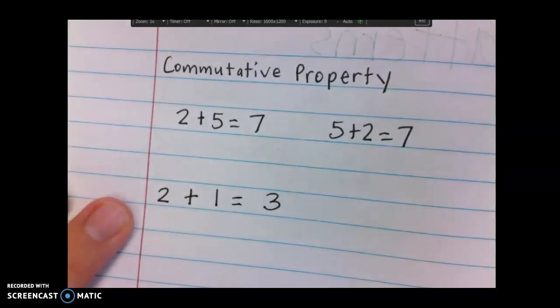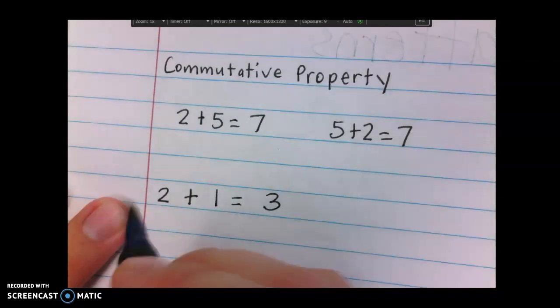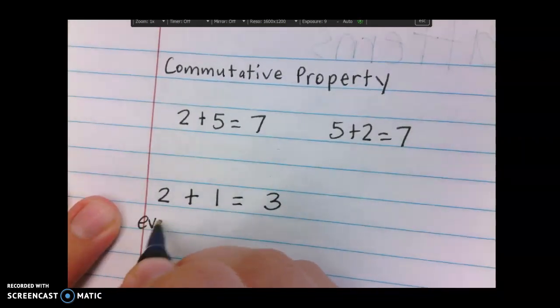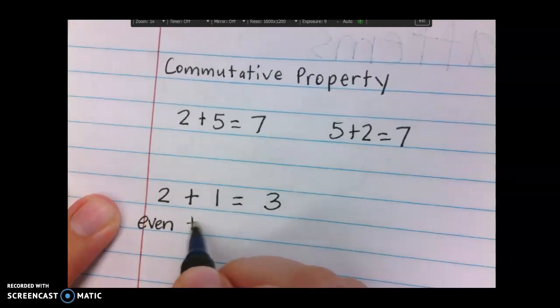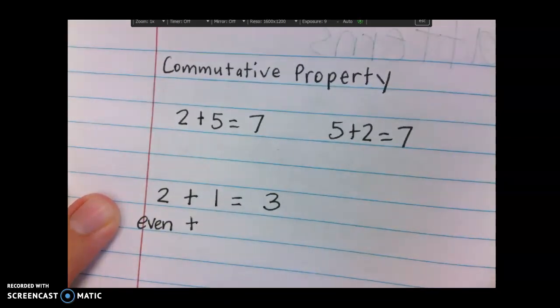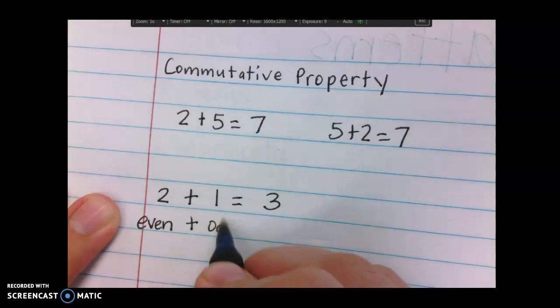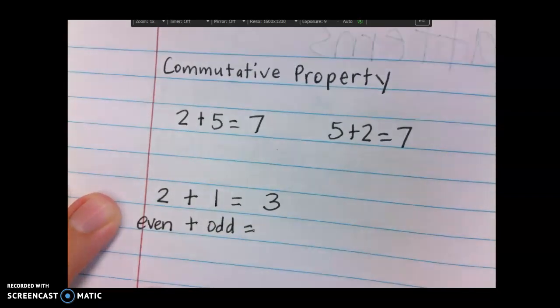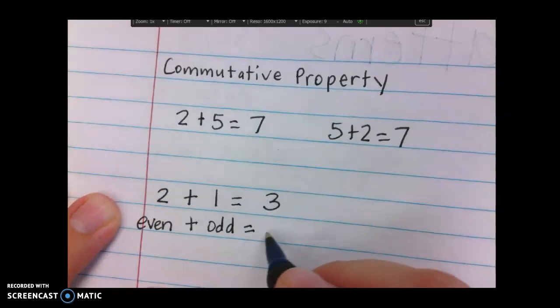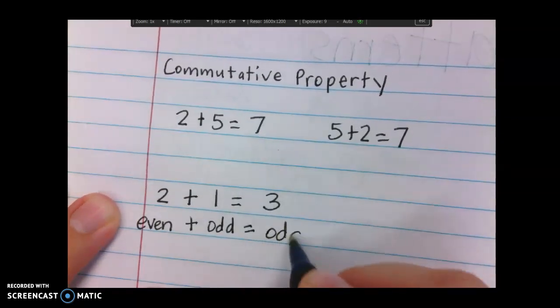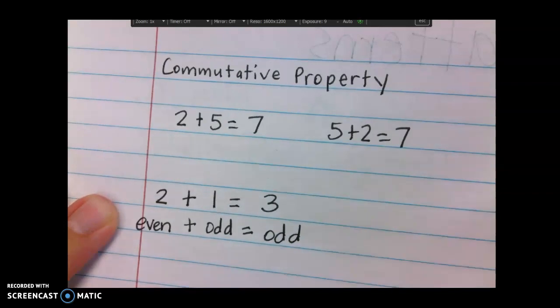Okay, so is 2 an even or odd number? It's even, good. So is 1 an odd or even number? It's odd. And it gives me 3. So is 3 an even or an odd number? Yes, it's odd.